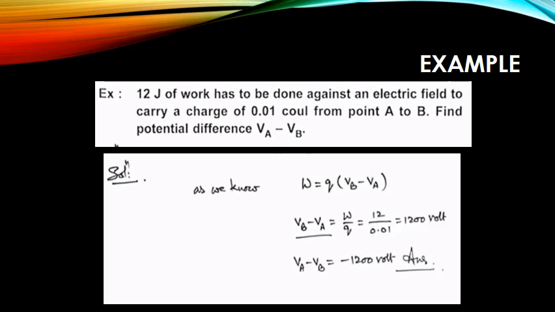Now because we have to find out VA minus VB, it will simply be equal to minus 1200 volt, and that is the final answer to this question.